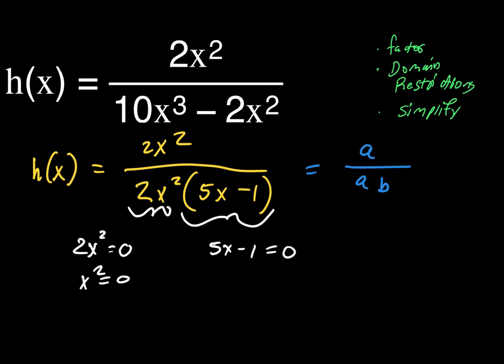If I divide both sides by 2, square root it, x is 0. Which means for my domain restrictions, x cannot be 0. Because if I have 0, 10 times 0 is 0, minus 2 times 0, well, 0 times 2 is 0. 0 minus 0 is 0. I have a 0 in the denominator. My function is undefined.